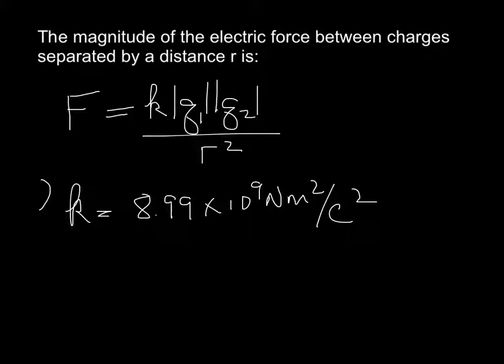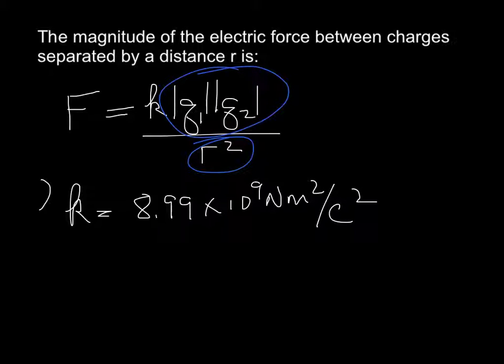Now you'll notice that the meters squared will be canceled by the distance squared, and the coulomb squared will be canceled by the two charges, and the sign of the charges really doesn't make a big difference in the answer. It's just going to tell us whether it's going to be an attractive force or repulsive force.